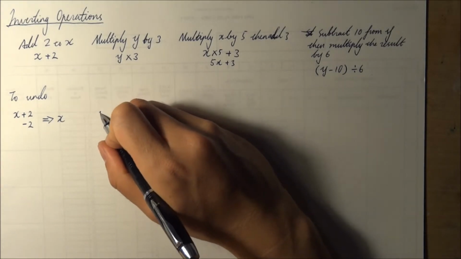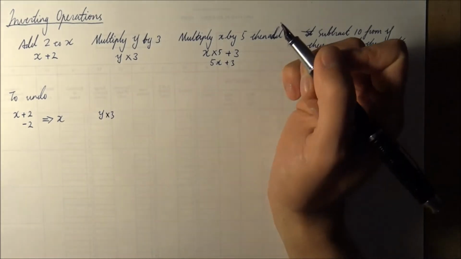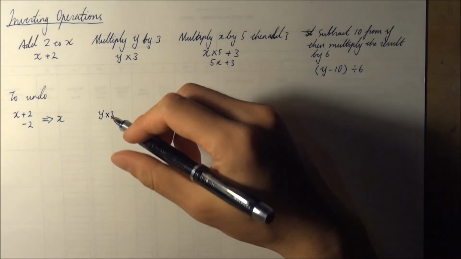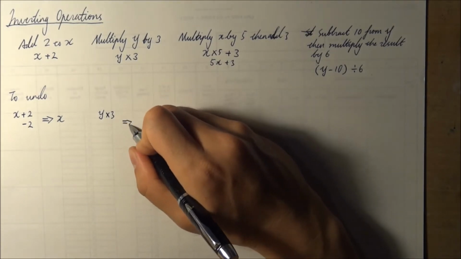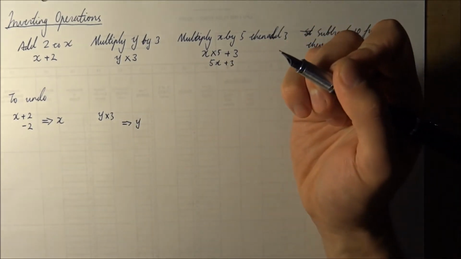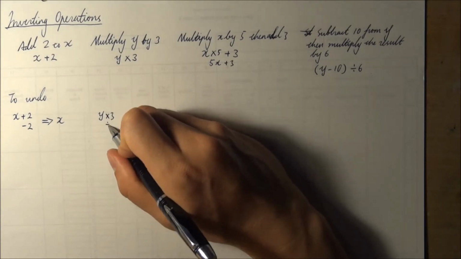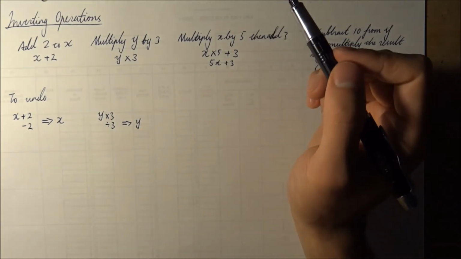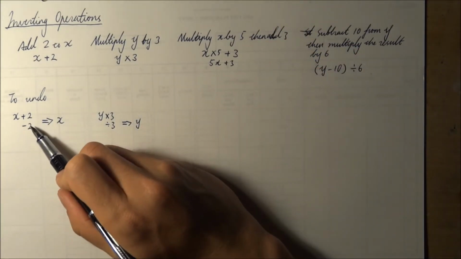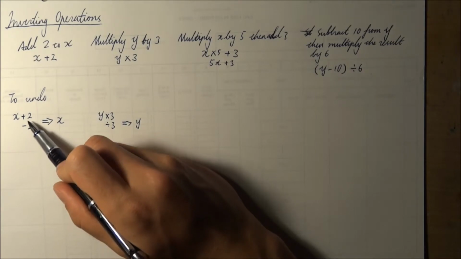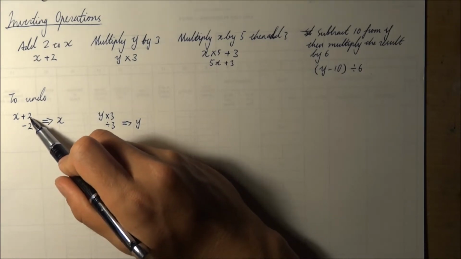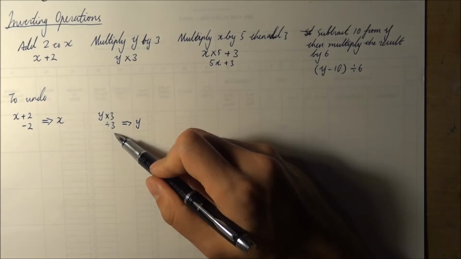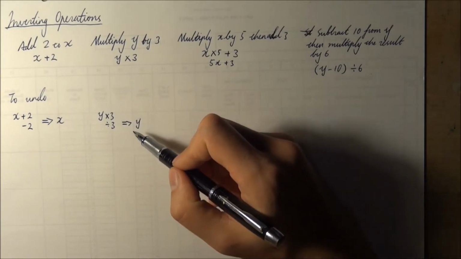Similarly, if we have y times 3, if we want to go back to y, the first thing we have to do is to divide it by 3. As you can see the pattern here. Minus 2 undoes plus 2. Divide by 3 undoes multiply by 3.